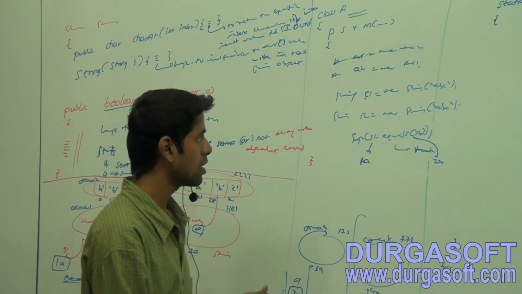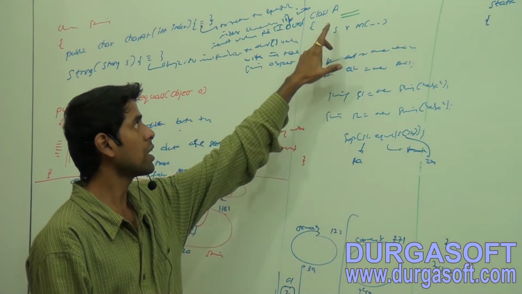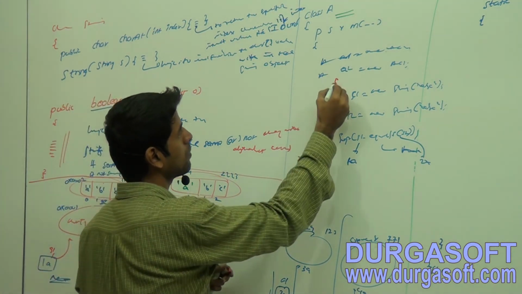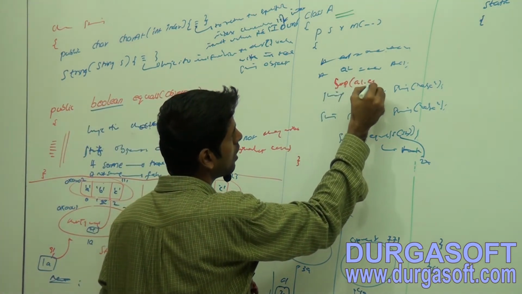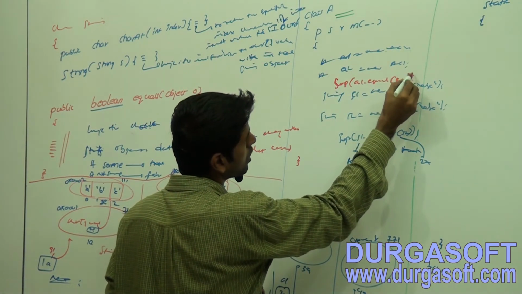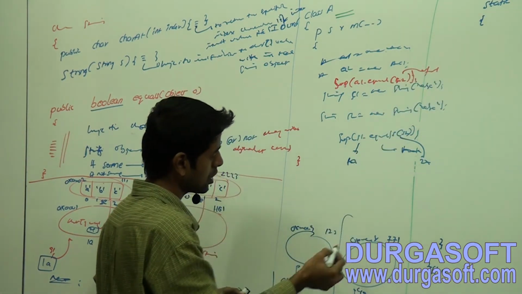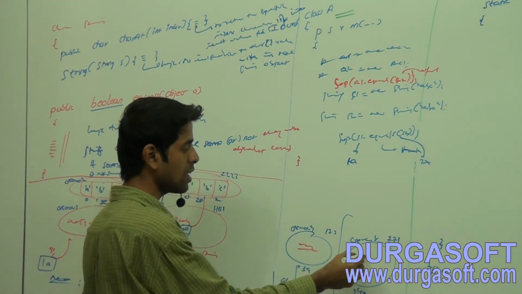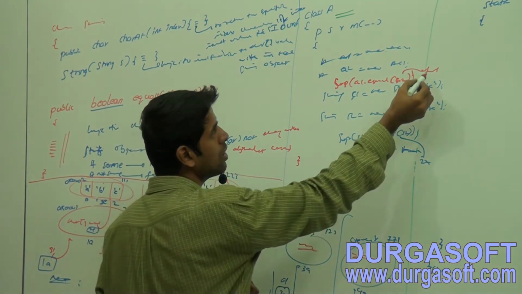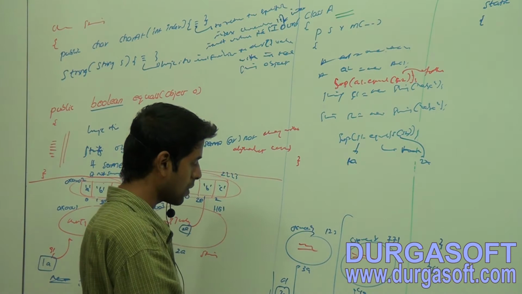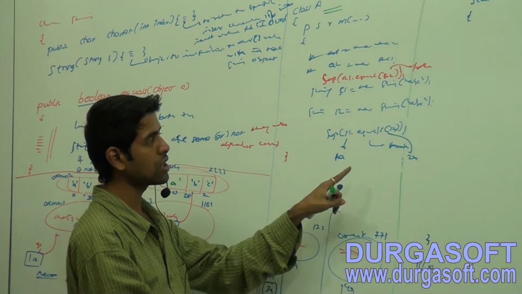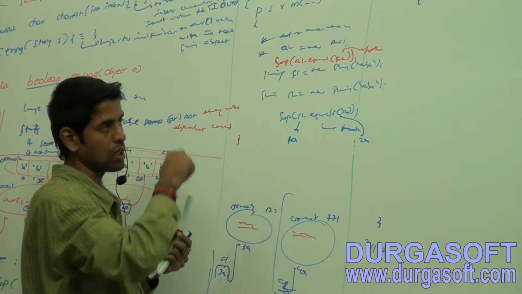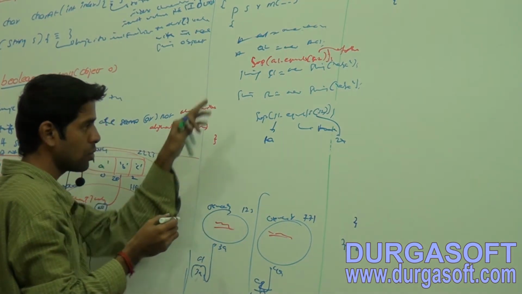Now in class A, if I use SOP of A1 dot equals of A2, it will give false to us, even though the content is same. Nothing here, nothing here also, both are same, right? So it should return true, but it will return false because A1 value is 3A and A2 value is 4A. It will check reference variable values, using the equals method of the Object class. I hope you understand this one.